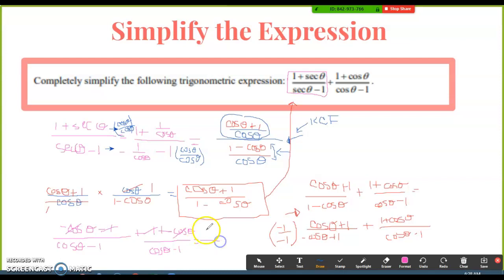So in my numerator, I would have a 0 over this denominator, cosine of theta minus 1. And that would just mean that all of this stuff is just a 0, because 0 divided by anything is going to be 0. So, hey guys, this expression was just a fancy way to write 0.